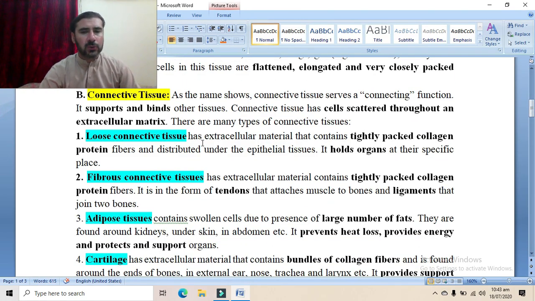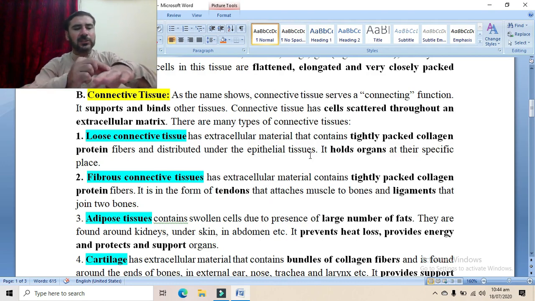Loose connective tissues. Loose connective tissue has an extracellular material that contains collagen protein fibers. Collagen is a protein. Loose connective tissue has collagen protein fibers and is distributed under epithelial tissues. Epithelial tissues we have recently studied in the above topic, those tissues which make our skin as well as the lining of the internal organs.